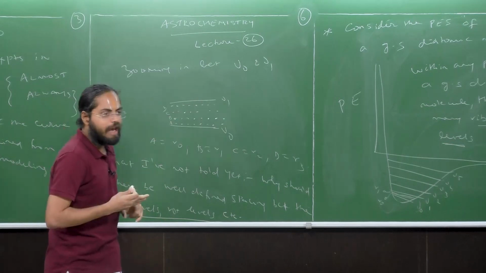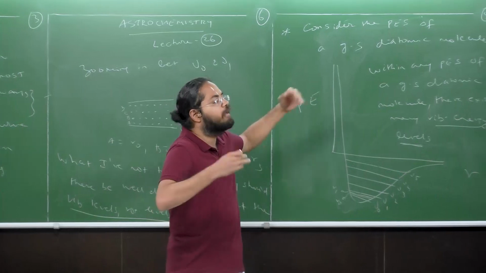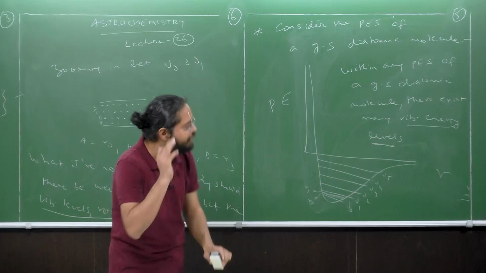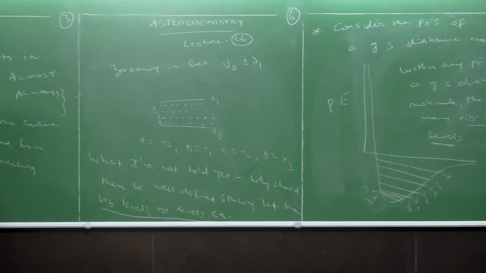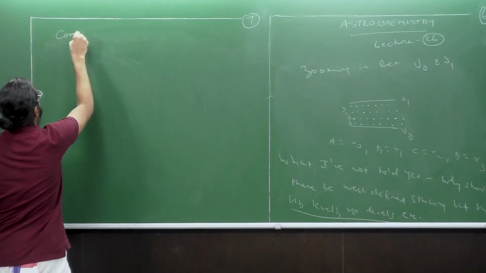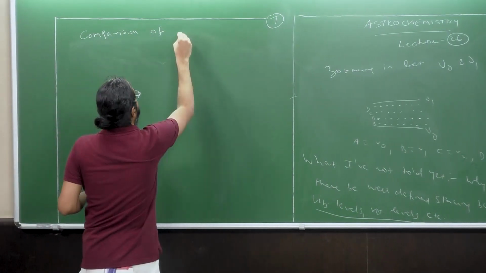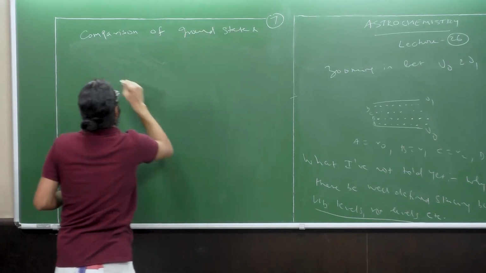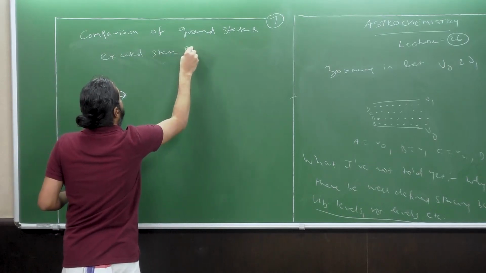Now, with this understanding, we shall look into how a typical potential energy surface is going to be, considering an excited state geometry. All right. For that purpose, I will keep that intact. I'll just make this page 7, a comparison of ground state and excited state PES.